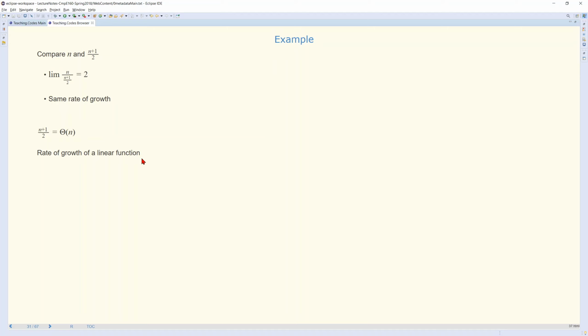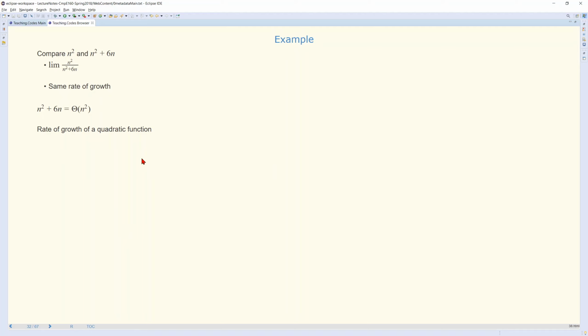Therefore, I decide that these two functions, these two methods, implementations, have the same rate of growth. So we can say n plus 1 over 2 is equal to theta of n. So they have the same rate of growth, and it's a linear function, as you can see, since it's theta of n, it's linear.